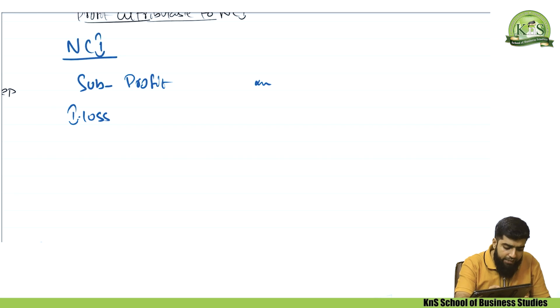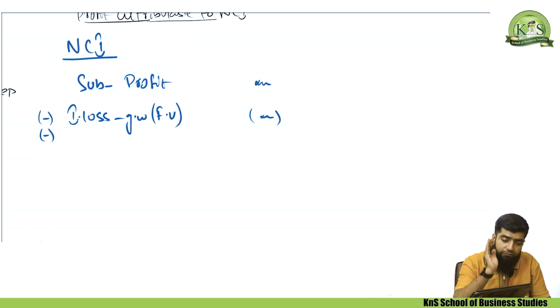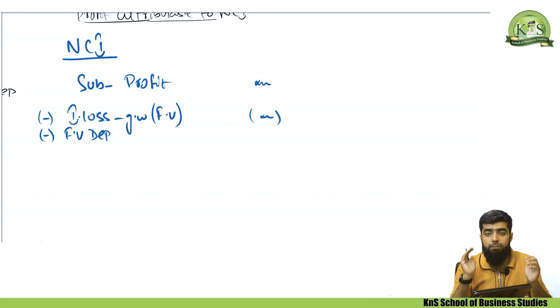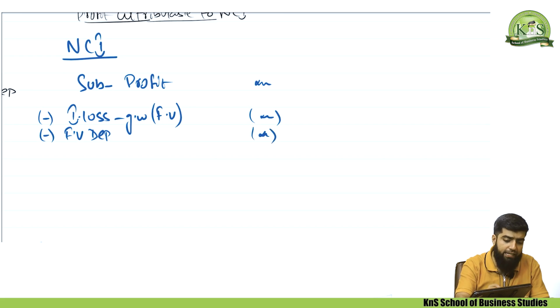Now remember that the adjustment for the impairment loss of goodwill will only be made in the NCI if the company is using the fair value method and will eliminate the amount of goodwill. The second adjustment that we need to make is the fair value depreciation. That is the depreciation on the revaluation surplus, as the depreciation has not been recorded in the individual account. So we need to eliminate that depreciation from the subsidiary company's account.